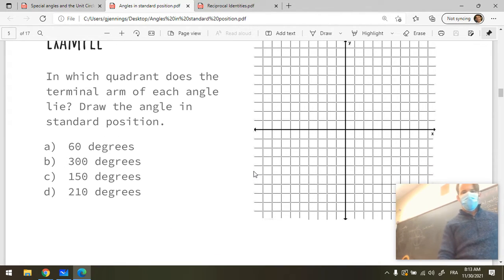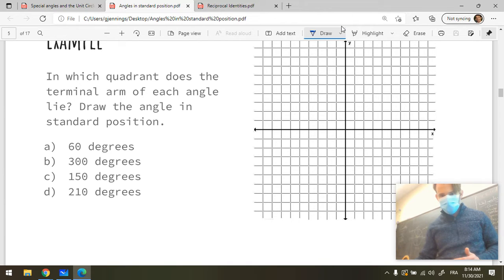So let's take a look at the terminal arm for each angle, and I want people to draw angles that have these degrees. If you have several colors, that would be good, and you can highlight in different colors here. What these are going to look like, if I have an angle here that wants to be 60 degrees, then what I'm going to do is start my angle here, and I want to draw it up at 60 degrees there.